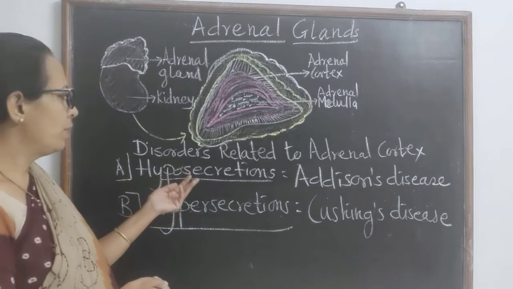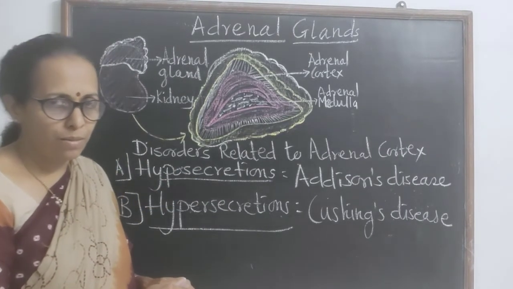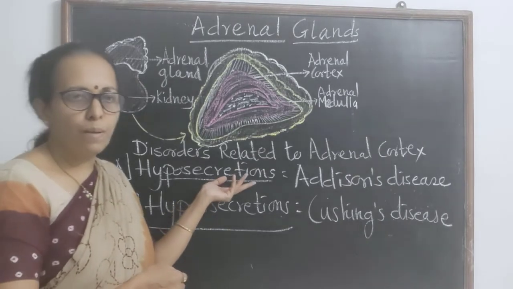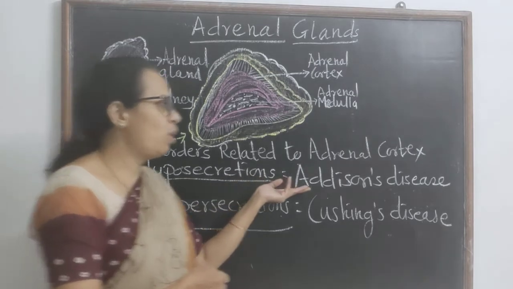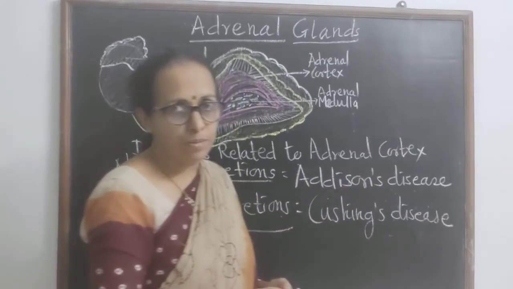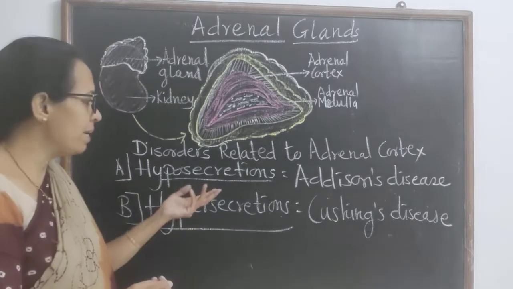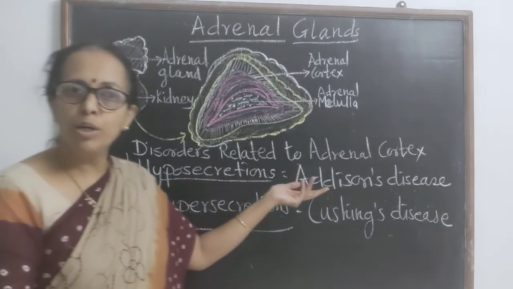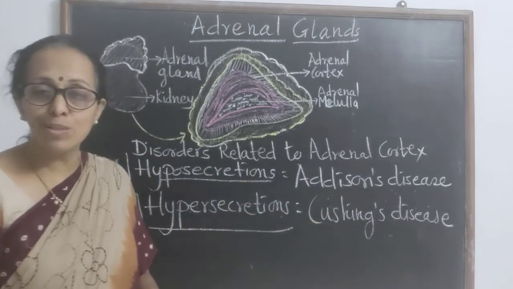The hyposecretions, that is, lower amounts of secretions than normal, lead to some symptoms in the person which are collectively called Addison's disease. Here, the hyposecretion of both mineralocorticoids as well as glucocorticoids leads to these symptoms, which are called Addison's disease.